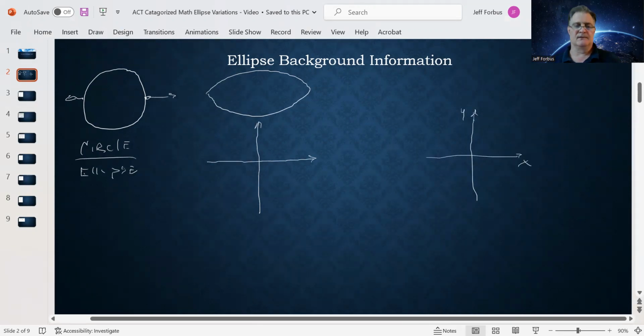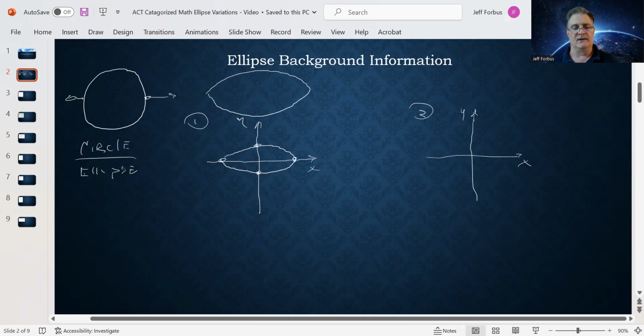Y and X, Y and X. Okay, and let's call this coordinate plane number 1. Call this coordinate plane number 2. Now, it's not a perfect ellipse drawing because I'm no Picasso, but I need to give you some background information on it.